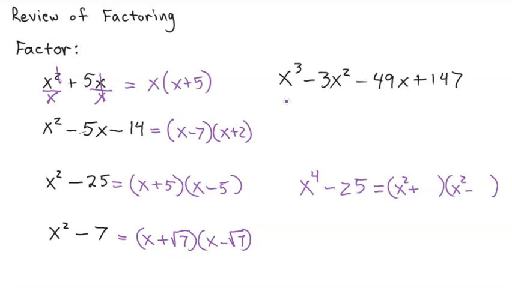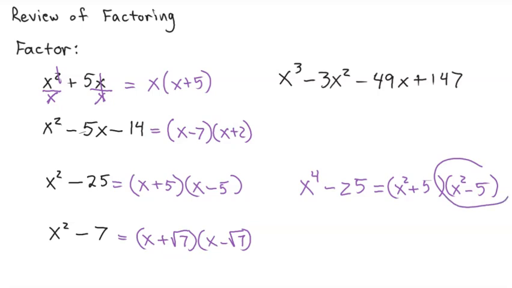It's just basically x to the 4th is the same thing as x squared squared. And therefore, x to the 4th is a perfect square. It's just the square of x squared. So we would do x squared plus 5 and x squared minus 5.